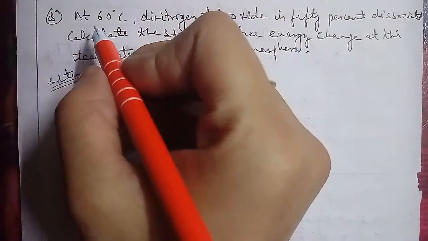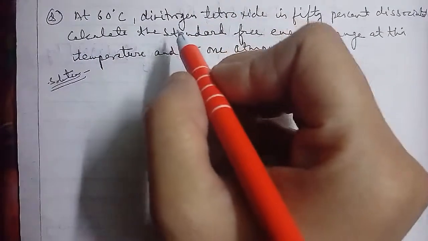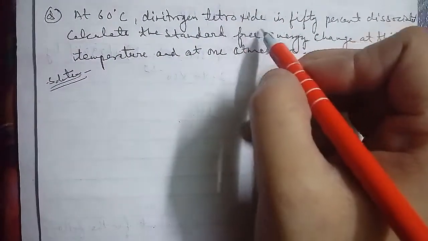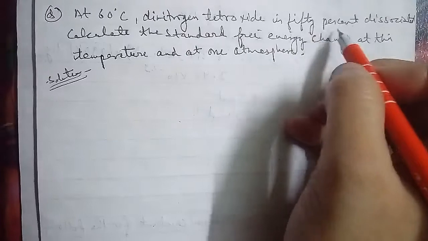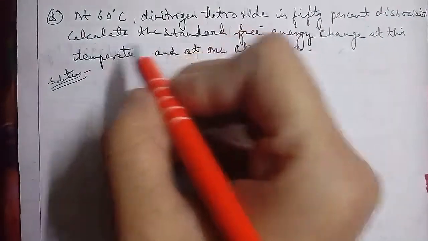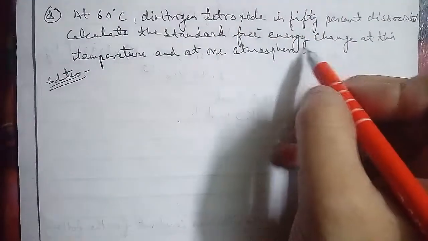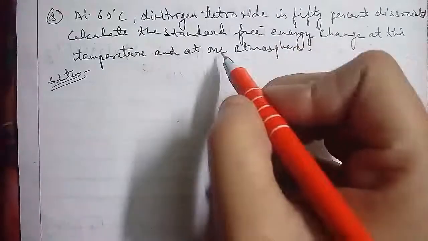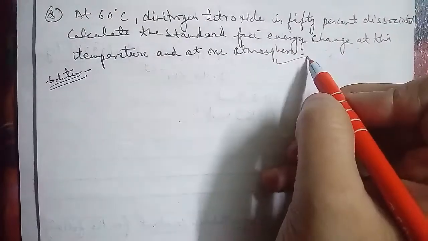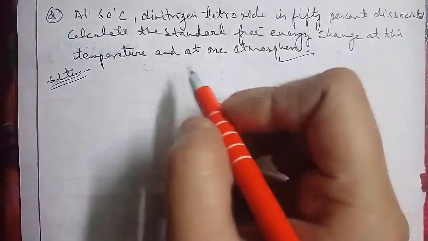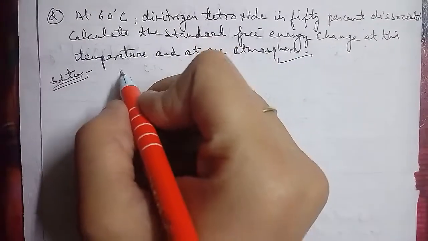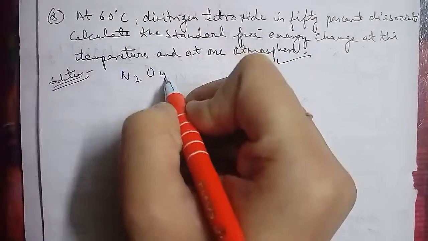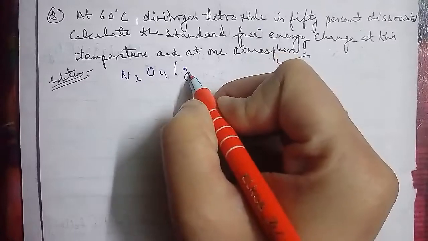Calculate the standard free energy change at this temperature and at 1 atmosphere. First I will write out the reaction: N2O4 in the gaseous form gives 2NO2 in the gaseous state, or we can say 2NO2 gives N2O4.